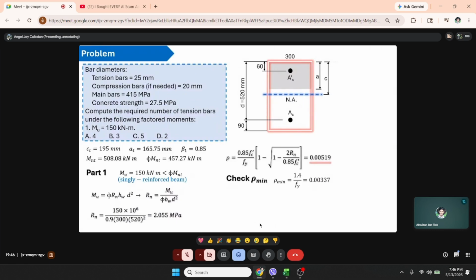So, we have rho minimum is 0.00337, and we have to choose larger sa rho actual o sa rho minimum. So, the larger is 0.00519.